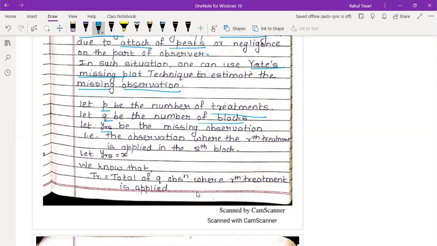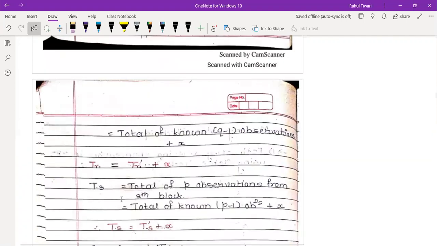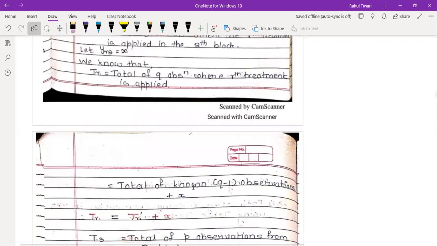Similarly, in the reverse way, T dot S is the total of the known P minus 1 observations plus X.